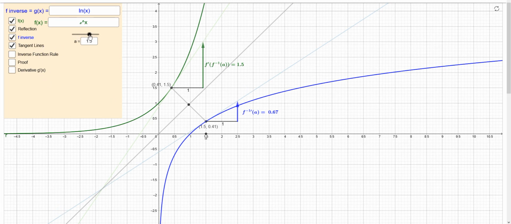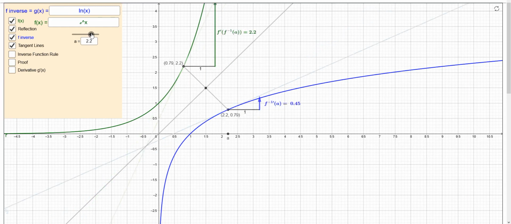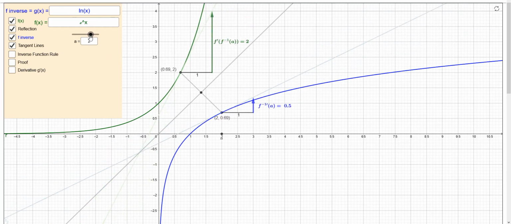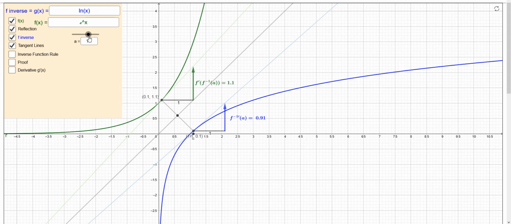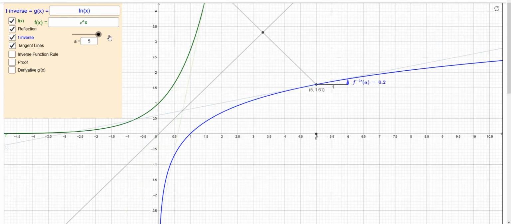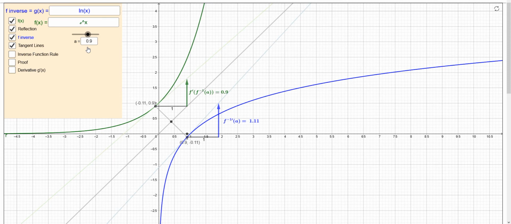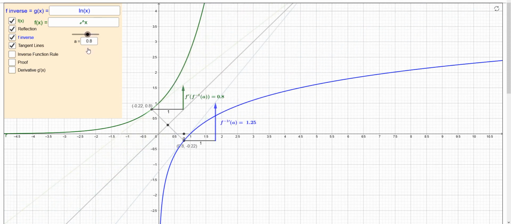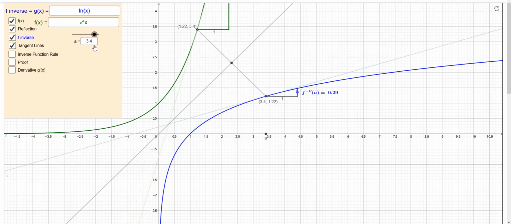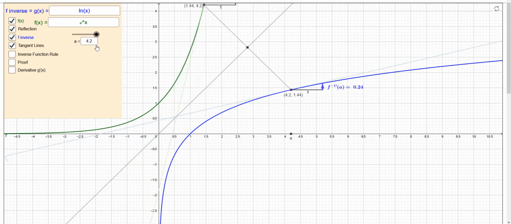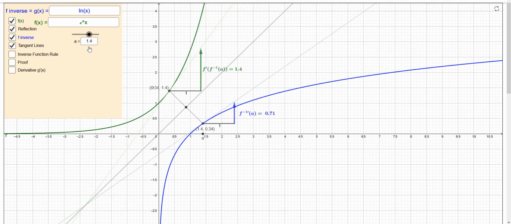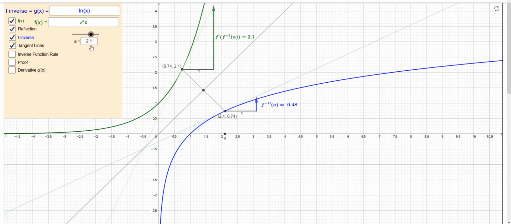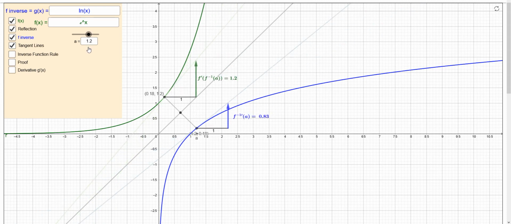Now we can kind of see this if we move this point A around, and no matter where we are, we're going to get this relationship that the tangent lines are going to be reflected over that line as well, which you can kind of see there. So notice the slopes get smaller and smaller on the logarithm as we go out to the right, and the slopes get larger and larger on the exponential.